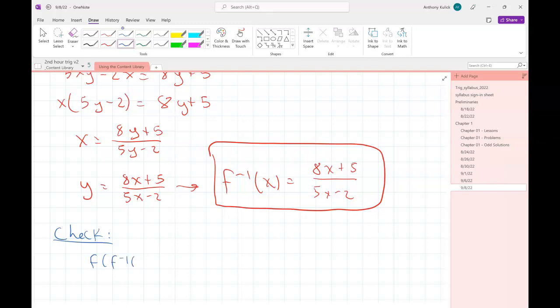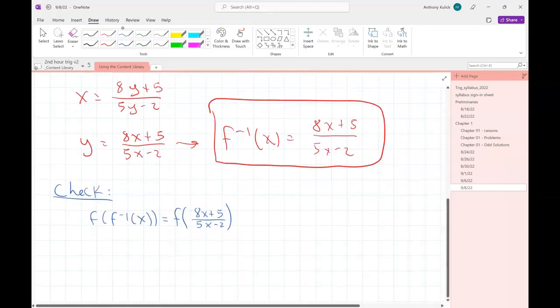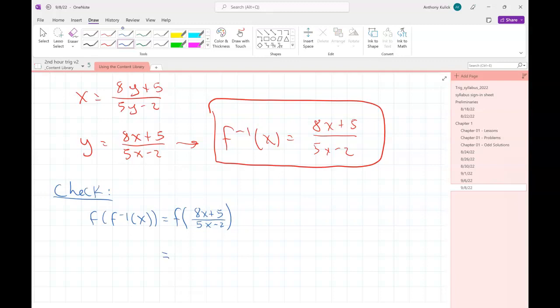Yeah, good. We're going to do the composition both ways. When we do these compositions, what are we hoping this is going to simplify down to? Not 0, x. So I'm going to do f of f inverse.